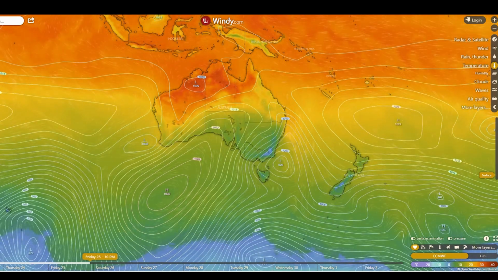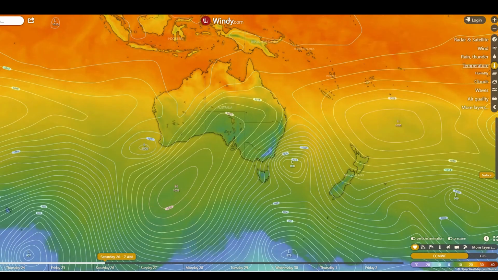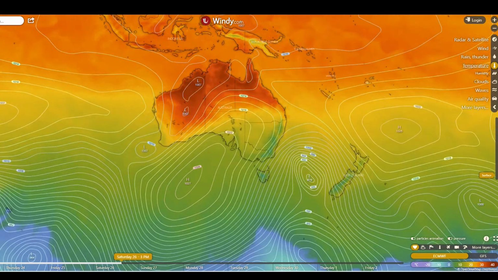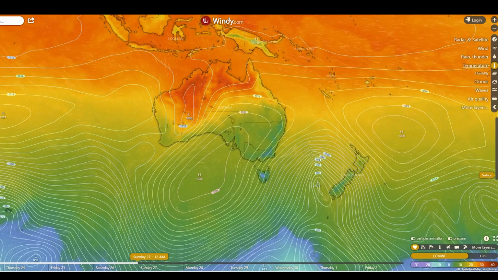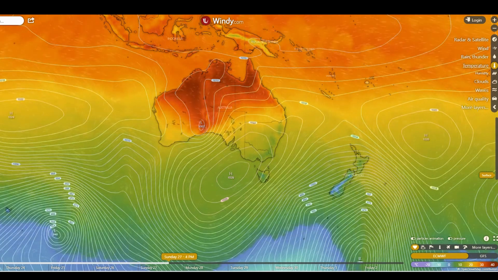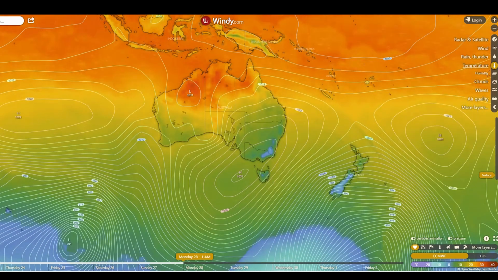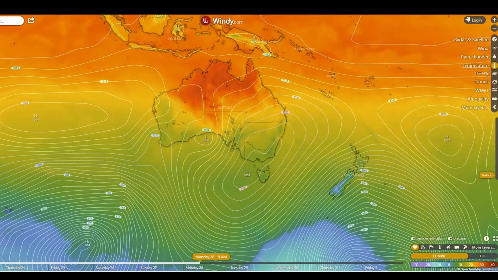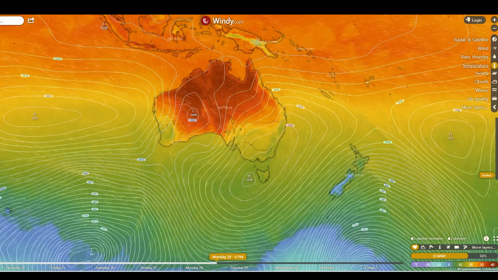So those air masses, as they're moving from the southern maritime, move up over the continent, they'll warm up and will also dry, and will turn into a continental tropical. And you can see as that air now moves south, it's much, much warmer.